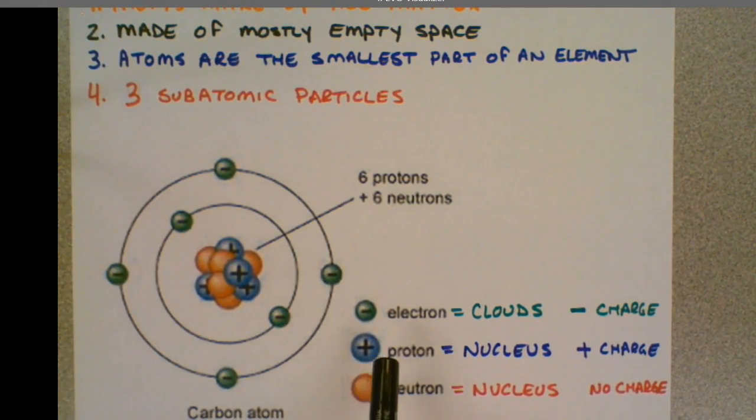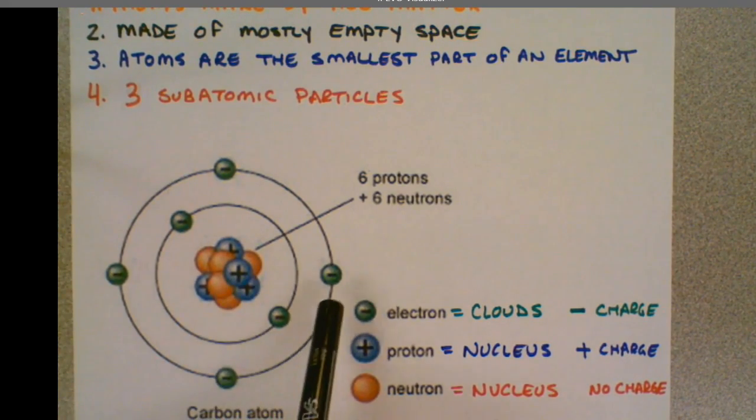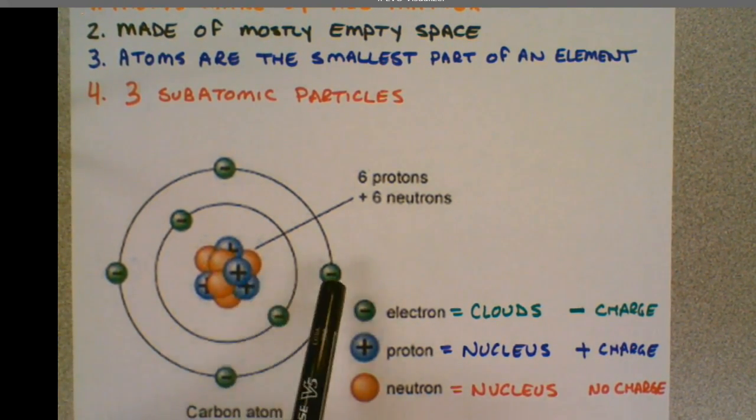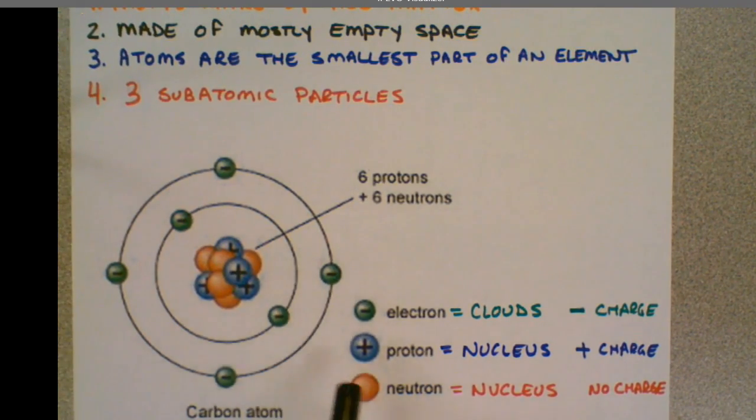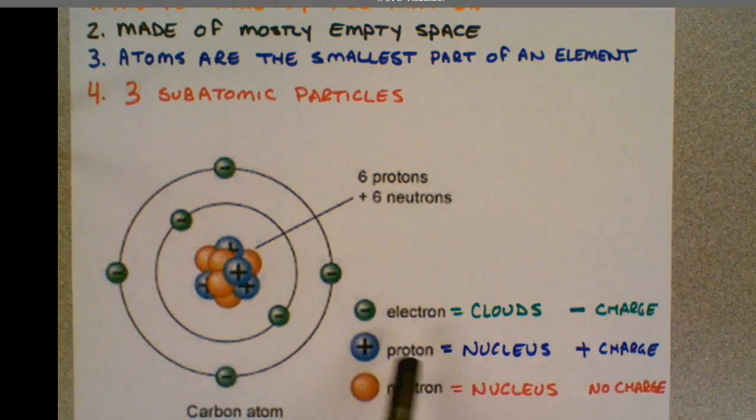And it turns out that protons are positive, so they have a positive charge, which is opposite of the electrons. That's why they're attracted to one another. And then neutrons that are also found in the nucleus, they don't have any charge.